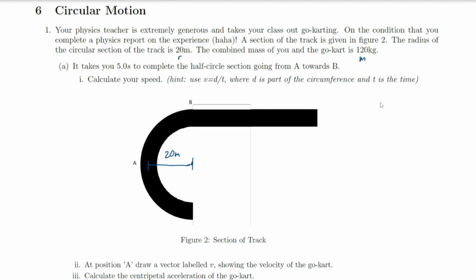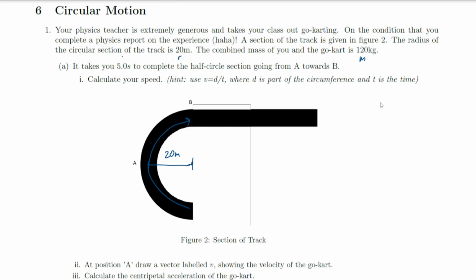So we know from level 1, speed is distance over time. However, in this context, our path is circular, and so our distance is actually just half the circumference of the circle formed with the radius of 20 meters. Right, so that's the distance traveled, half of the circumference.